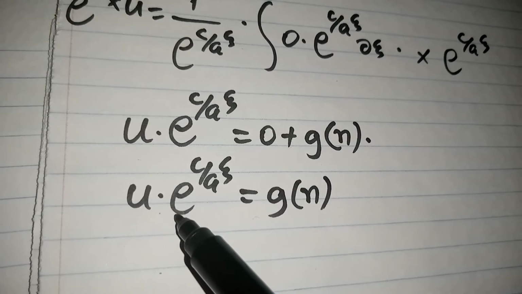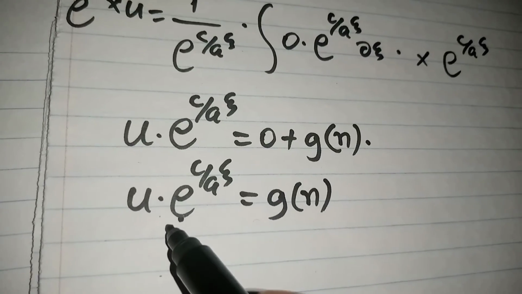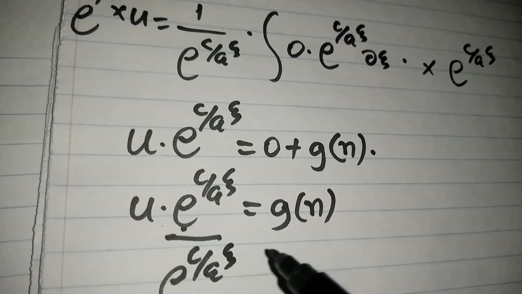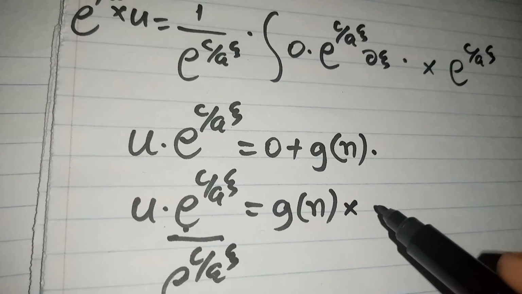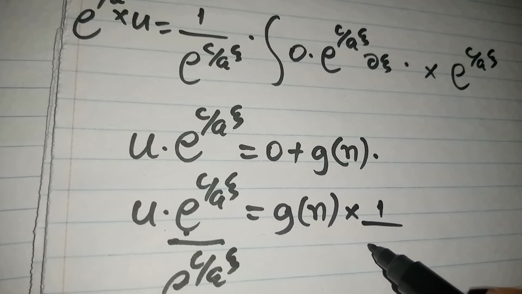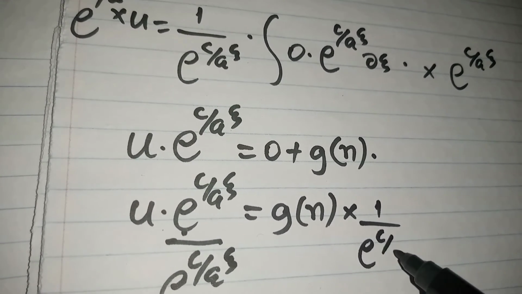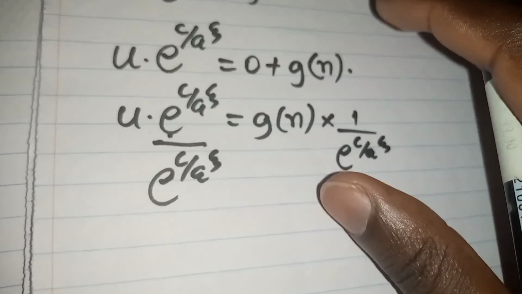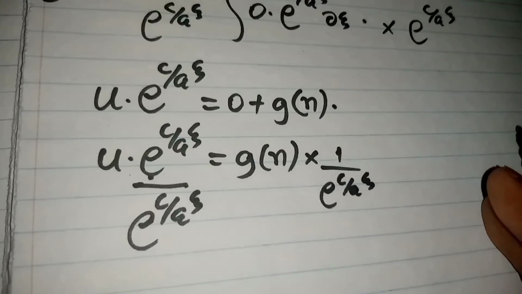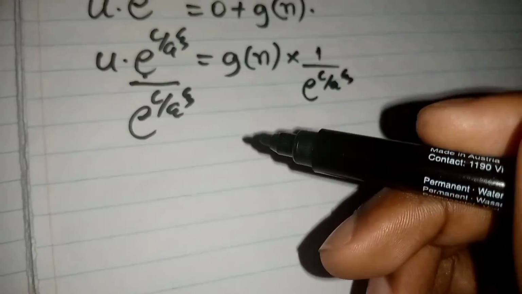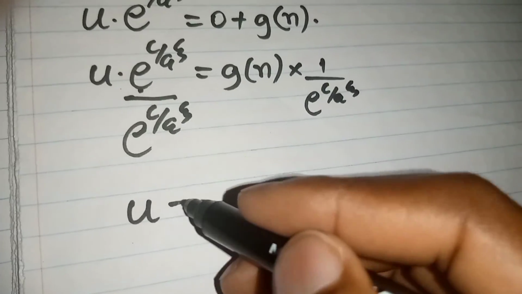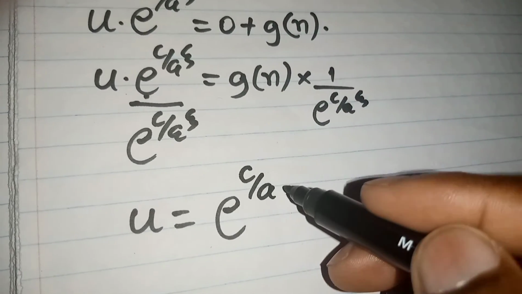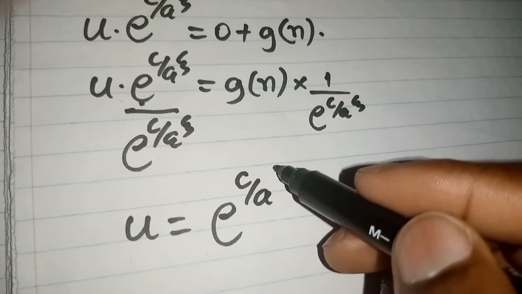So we also need to take this one to the other side. By division, we divide both sides by exponential c over a xi. So we remain with u equal to exponential of negative c over a xi.